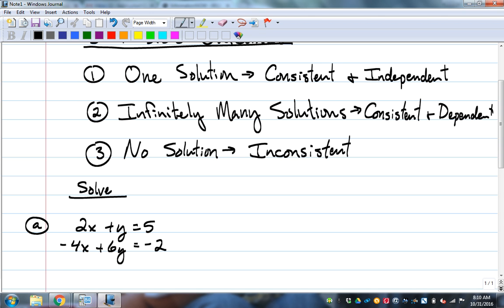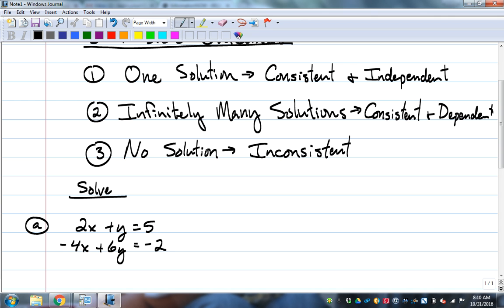So with these, there's several different ways that you learned to solve these over the years. Graphing was one of them, and we did that in Algebra 1. I think they do that in 8th grade and in junior high now as well. And then we learned substitution and elimination.